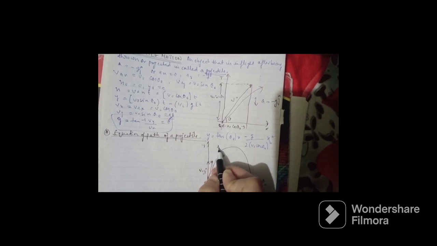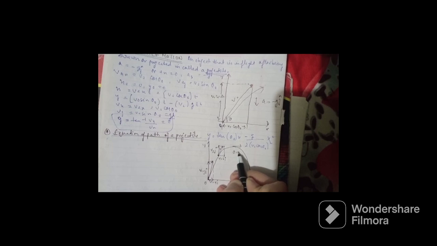Along with this is your vy j cap, v naught x i cap, and this is v. Then we have theta equals 0, vy equals 0, v equals v naught x i cap.